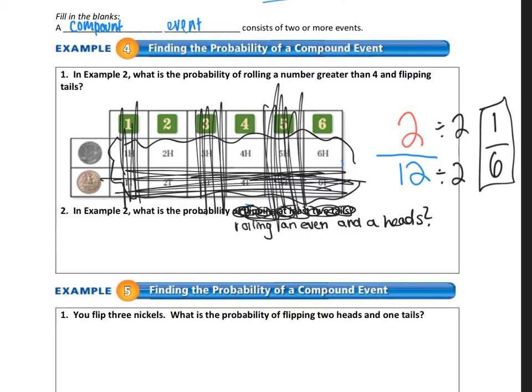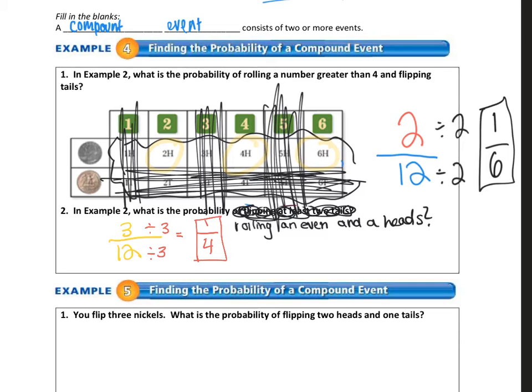And that leaves us with a 2 in the heads, a 4 in the heads, and a 6 in the heads. So that is 3 possible options out of the total sample space of 12. Again, let's simplify this by dividing both the numerator and denominator by 3, and we will get 1/4.